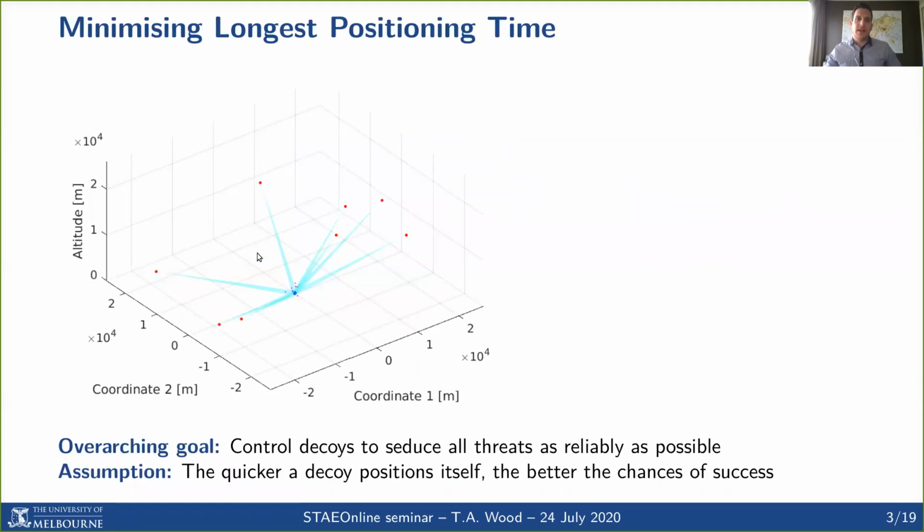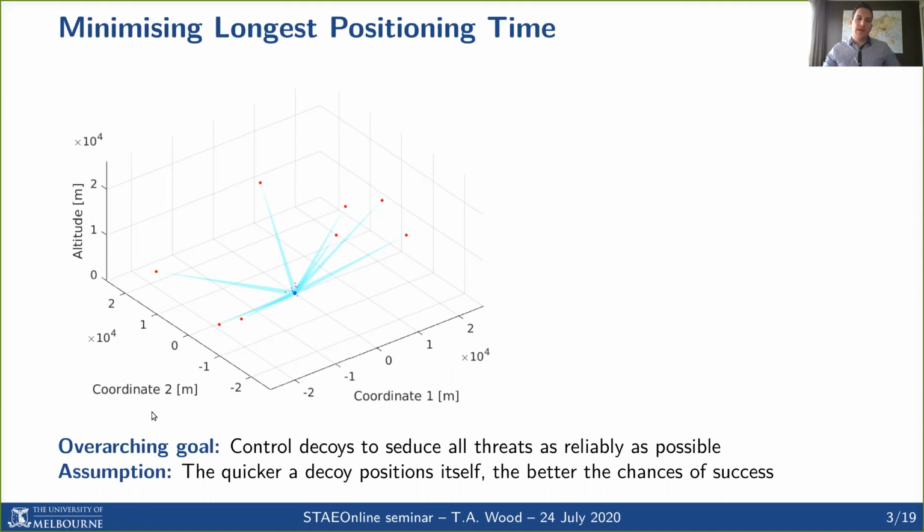In particular, we're looking at when there are multiple threats. Here we have these red dots, multiple incoming threats, and there's a surface asset in the middle in blue, moving slowly. The goal is to try to deal with all the threats as reliably as possible. The overall task involves going to a place where we can start the seduction and then luring away.